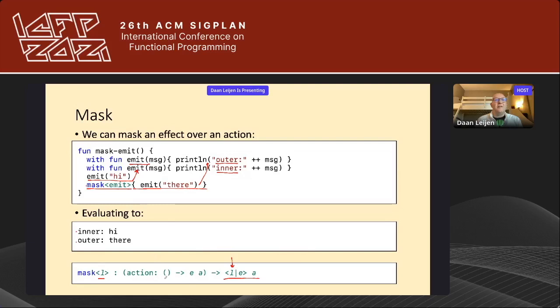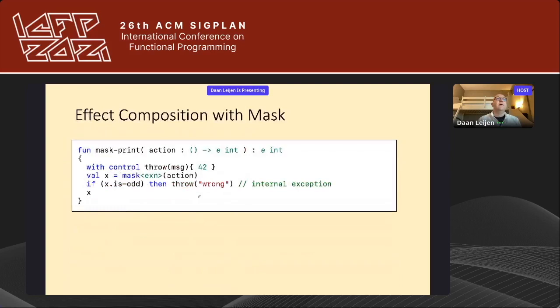And then for the action, it seems like L was never there, right? And this is exactly what happens with evidence passing. Mask will just take this one out of the evidence, and now for the action it's as if it wasn't there. And in this case, it's about duplicate labels. There will be two emits, and then the innermost one will be masked. So this is actually important for composition of handlers.